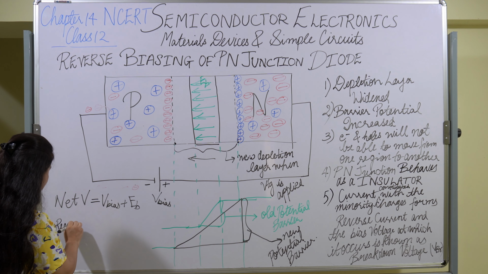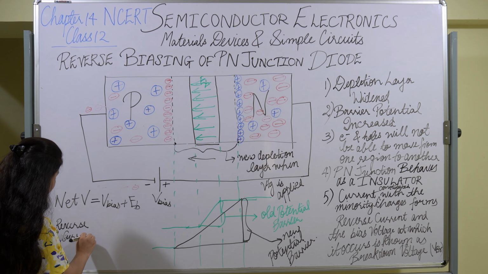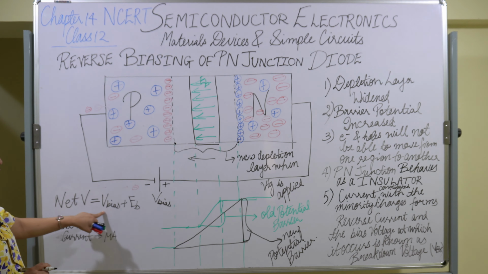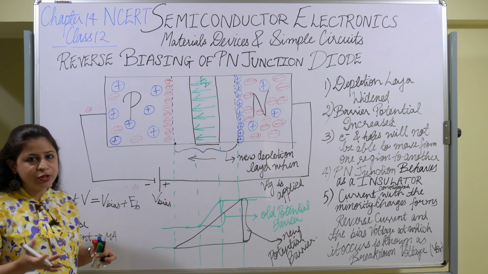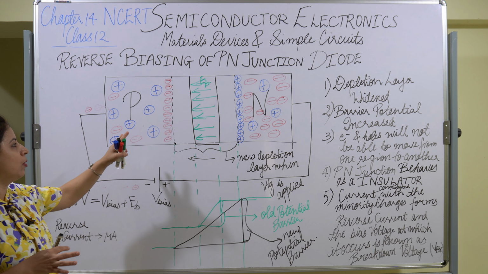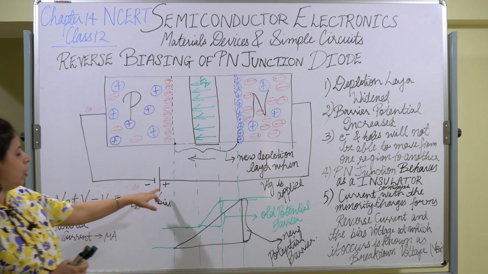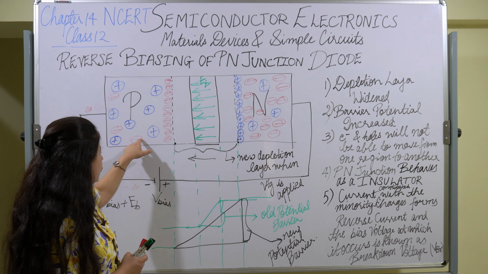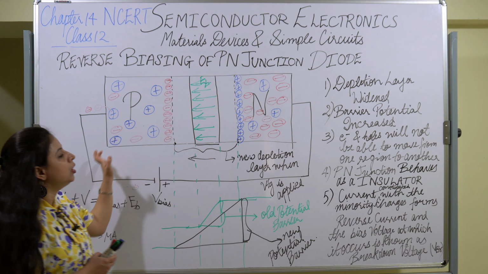Reverse current is of the order of microampere. It is very low. So at that V bias at which this current starts flowing, which means minority charges move from one region to another region, electrons will move from here to here, and a very minute current will start flowing from the positive terminal to the negative terminal.